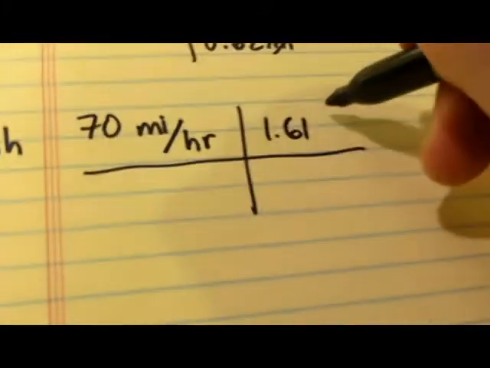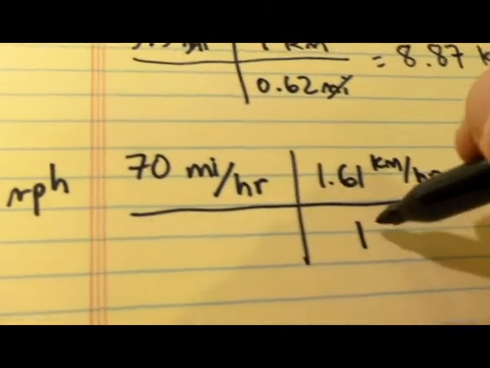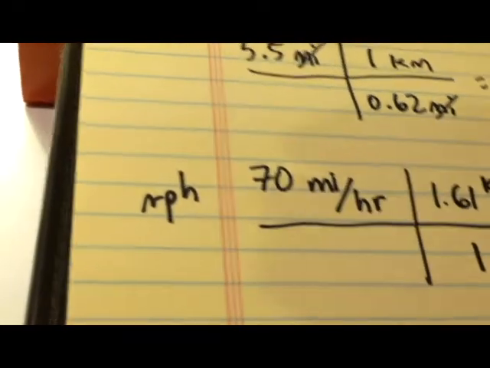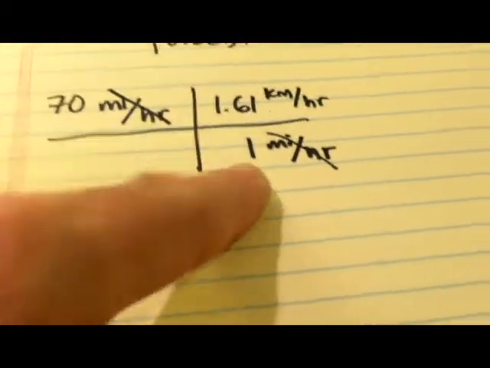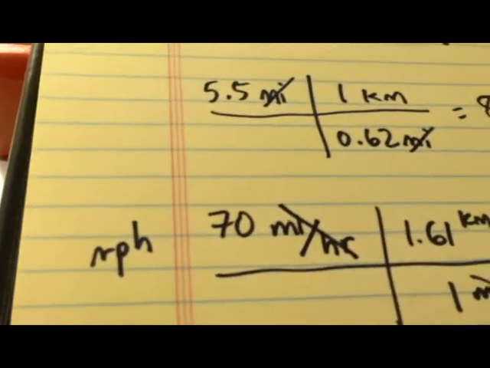So 1.61 kilometers per hour is the same as 1 mile per hour. Again, the miles per hour units cancel. In this case, we multiply 70 times 1.61 and divide by 1.